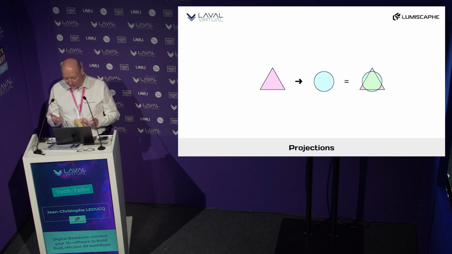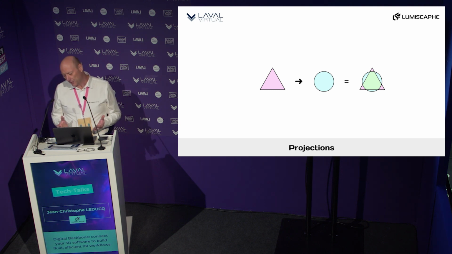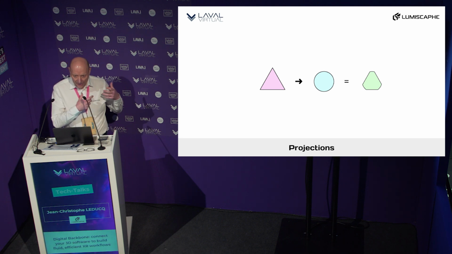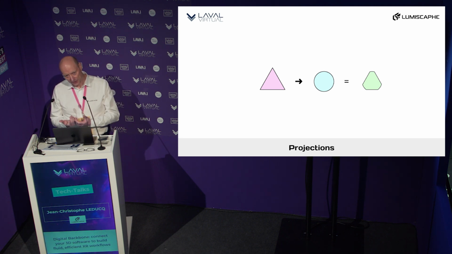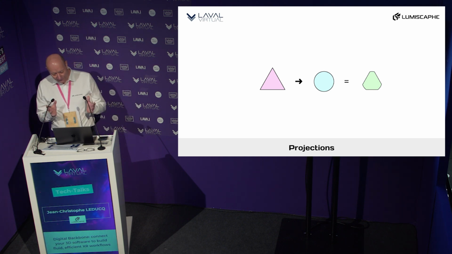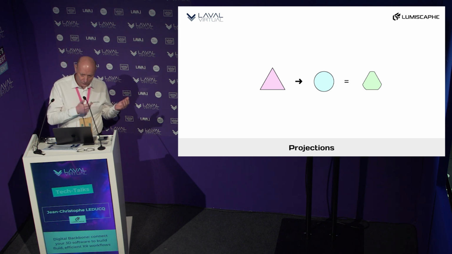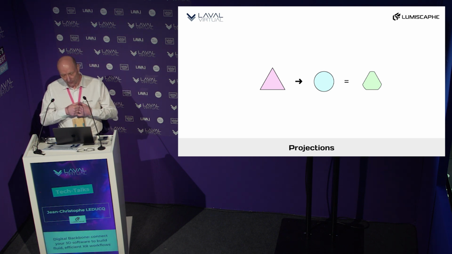So I'm using the analogy of overlapping shapes to understand what happened. Here, we see that my asset in the initial world will be cut by the universe of the second world, so by the boundaries of the secondary world. So that's very important to understand: when you do a projection, not every time, but very often, you lose information.